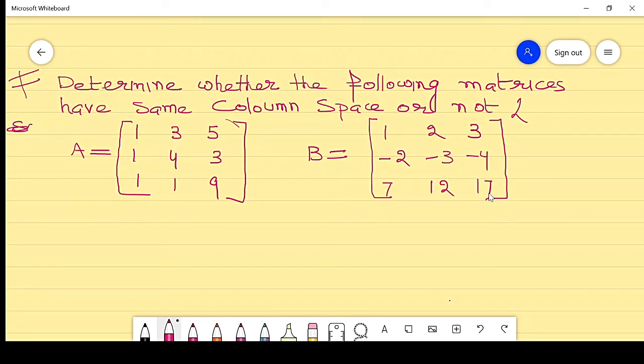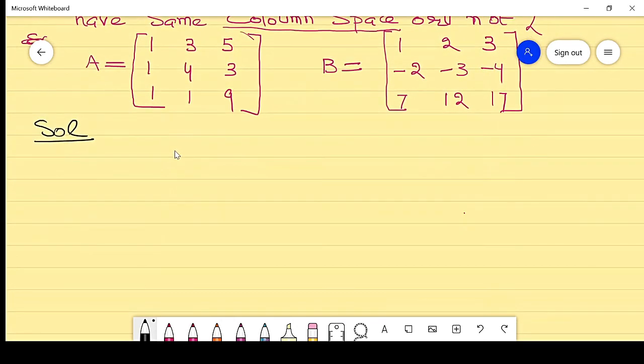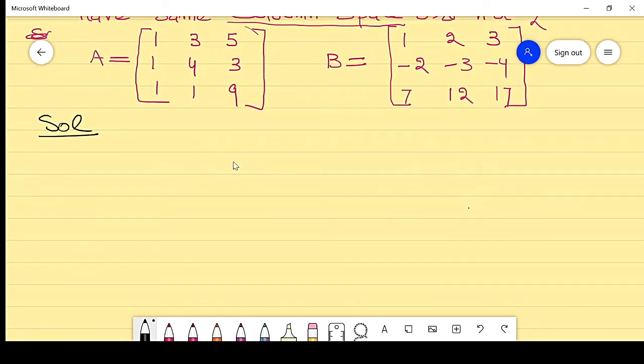So this is a B matrix. My purpose is to find the column space. So I will find the row space. So if row space is equal, then column space is also equal. So remember that if row space of two matrices are equal, then column space of those matrices are also equal.